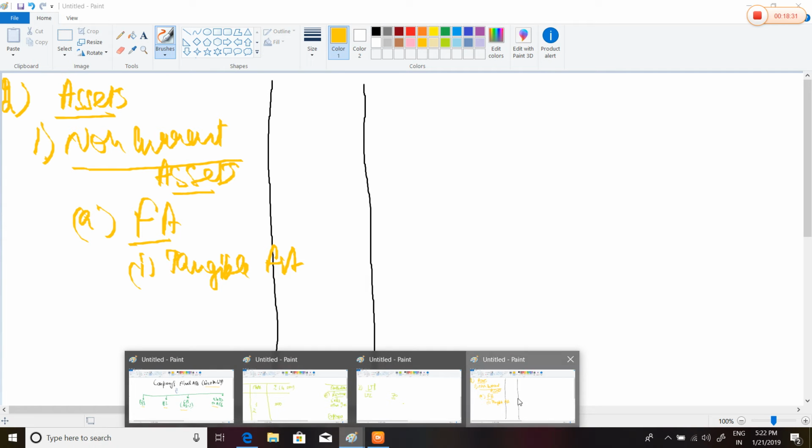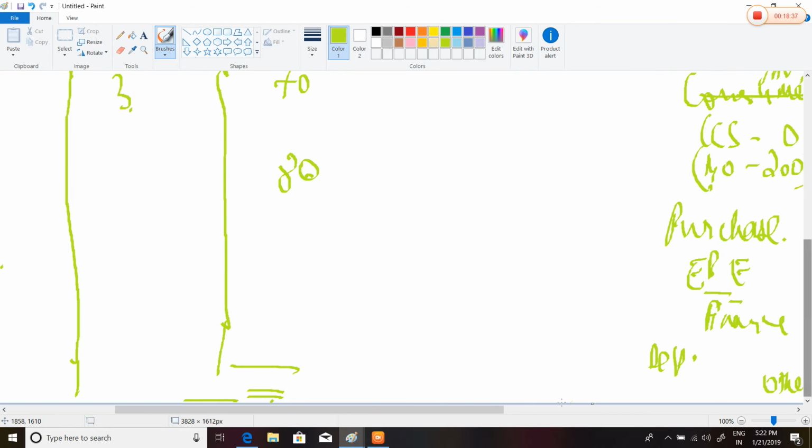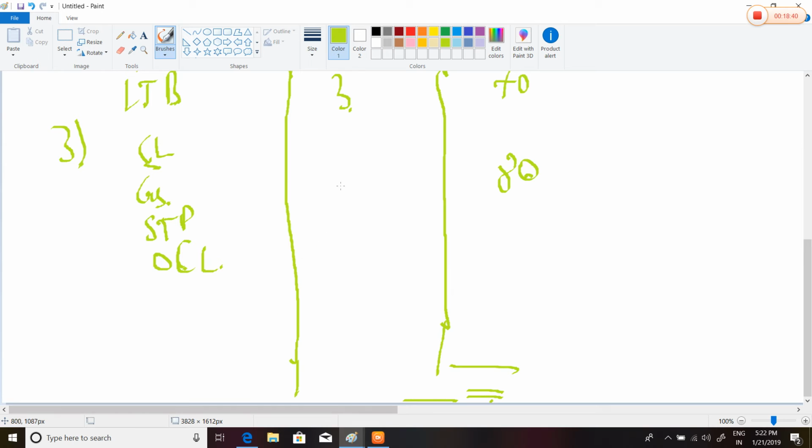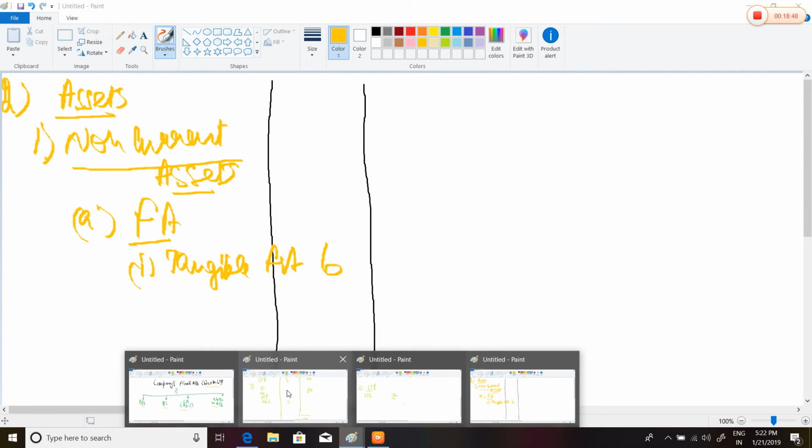How many working notes have we prepared in the last balance sheet? Okay, 3. For this write 4 and for this write 5. Then from 6 I'm going to start. Working note number 6.